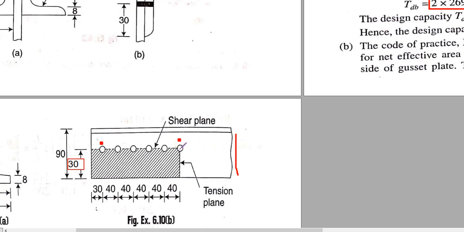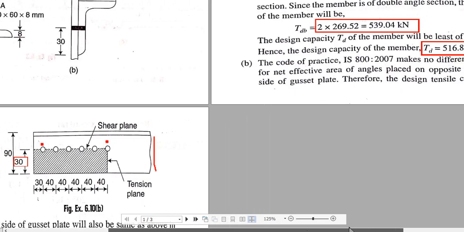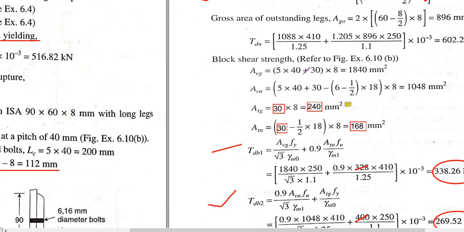So this is the length, and there will be the thickness of the member, which is 8. So it will simply be 5 into 40 plus 30, into thickness, so it is 1840 millimeter square.